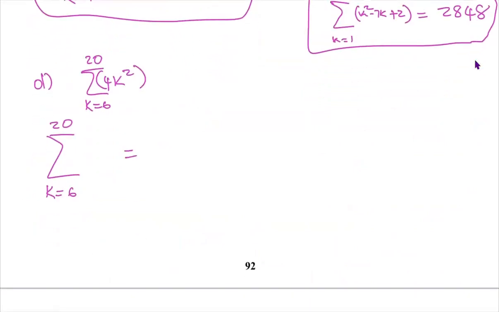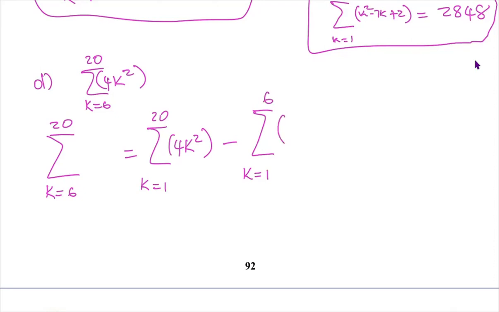That's going to be the summation from k equals 1 to 20 of 4k squared, minus the summation from k equals 1 to 6 of the same expression, of 4k squared.